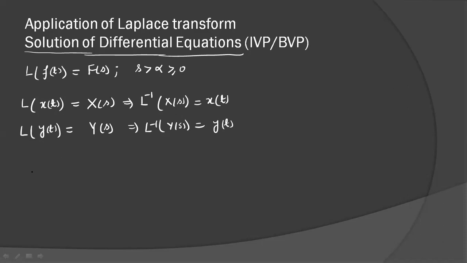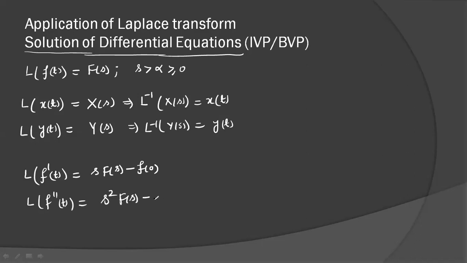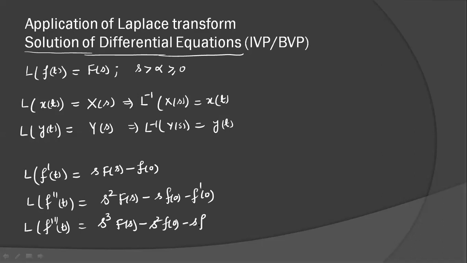Let's revise some important formulas which will be useful today. Laplace of f dash t, I told you, was sF(s) minus f at 0, small f at 0, and the Laplace of f double dash t was s square F(s) minus s f(0) minus f dash 0, and Laplace of the third derivative was s cube F(s) minus s square f(0) minus f dash 0 minus f double dash 0.